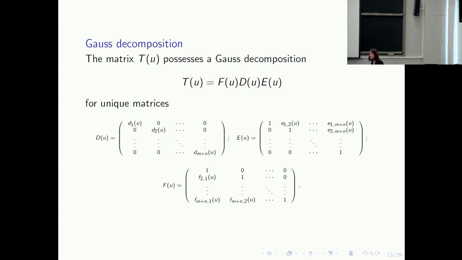Other questions? I want to follow up on this question. I think the question is the following. If you take a matrix, then it doesn't always factorize. There is not always a Gaussian decomposition. Some minors may vanish.